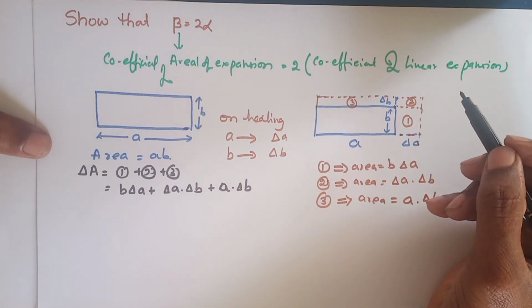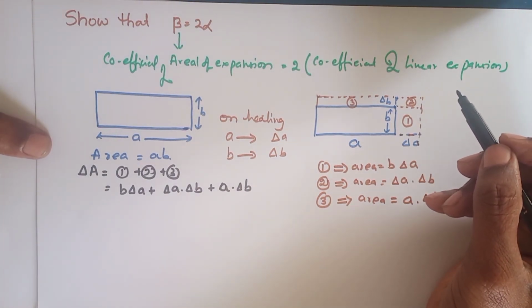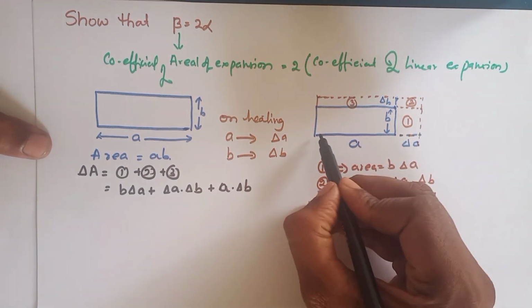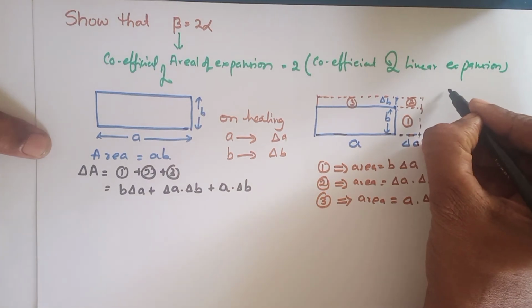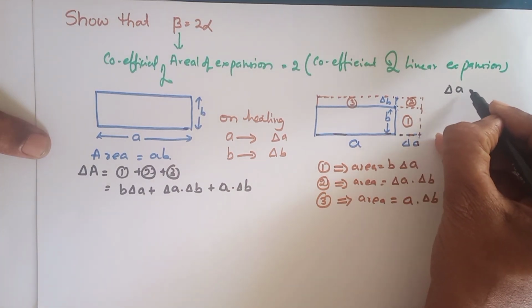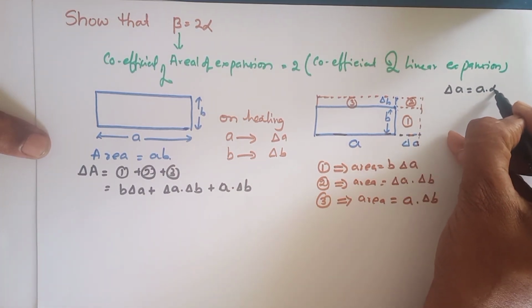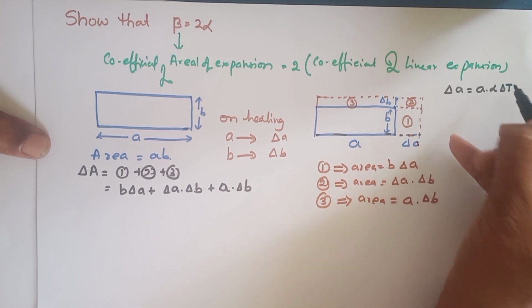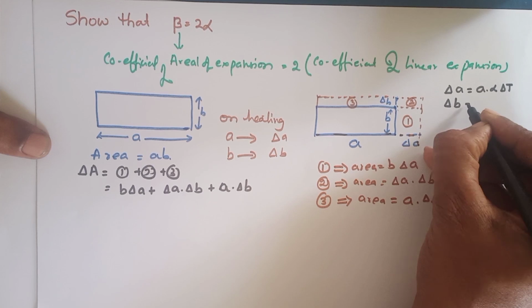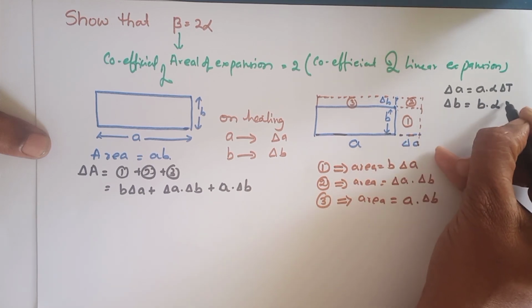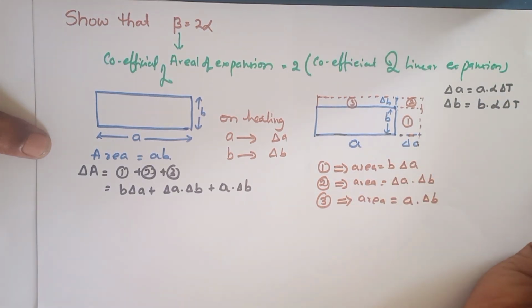What is delta A? What is delta B? Individually I am considering these as lengths. Suppose delta A is equal to A into alpha into delta T. Delta B is equal to B into alpha into delta T.